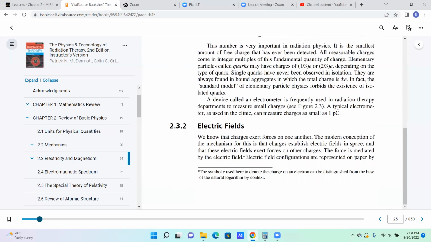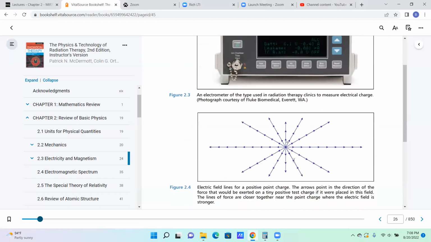The force is mediated by the electric fields. The electric field configurations are represented on paper, kind of like this. You've got a positive charge, and the field lines are always going to go from a positive charge out to a negative one. So you can see here you've got a positive charge and the field lines all pointing out. They are going to be headed towards a negative charge.